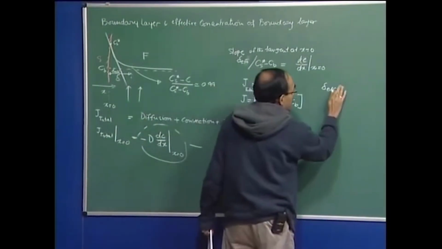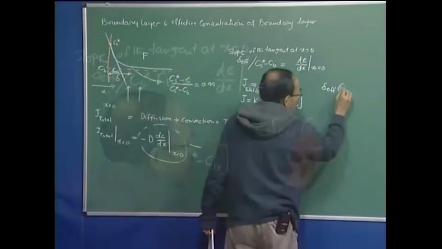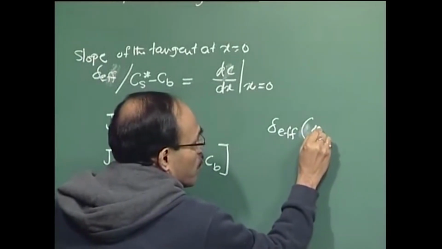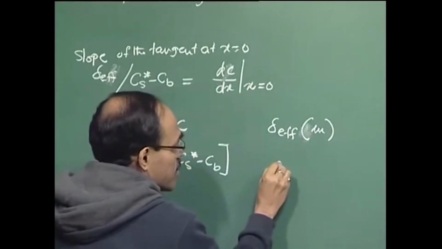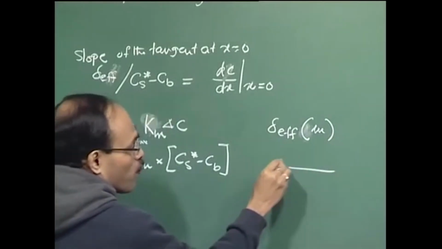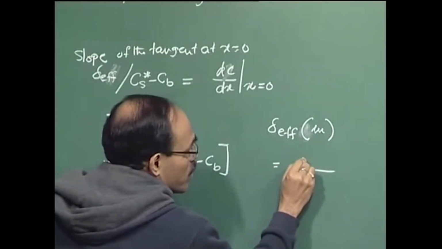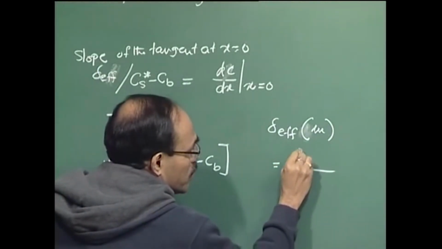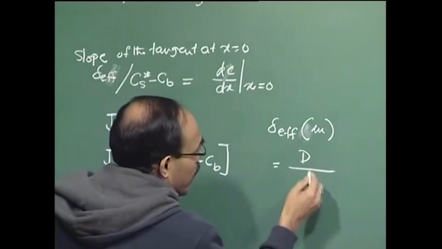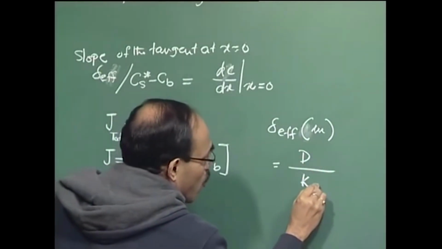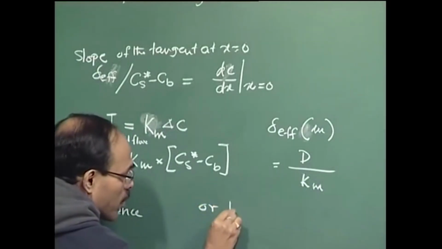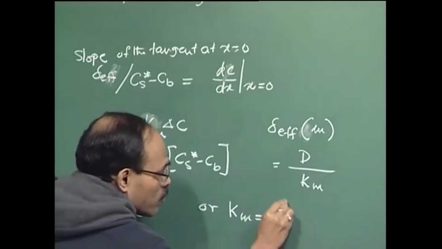So, delta effective is a distance, which has a dimension of meter, and this is equal to the diffusion coefficient D divided by Km, or otherwise I can say Km, the mass transport coefficient, is equal to D divided by delta effective.